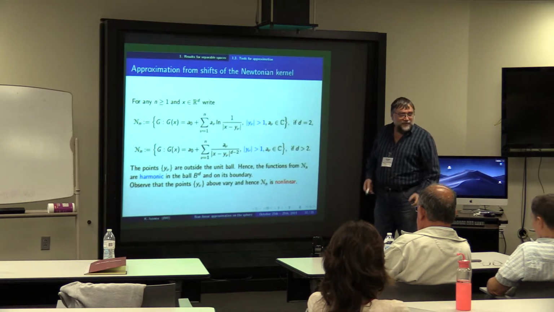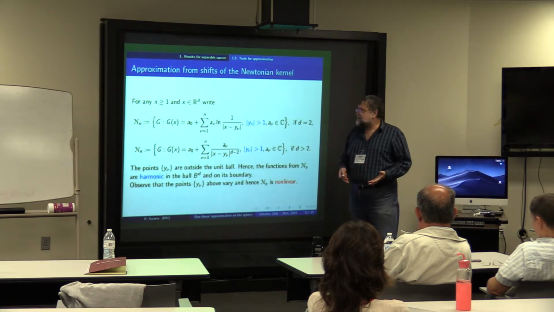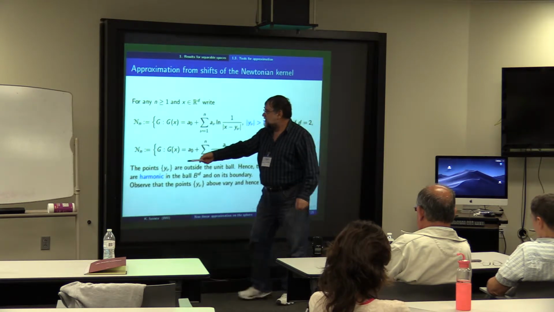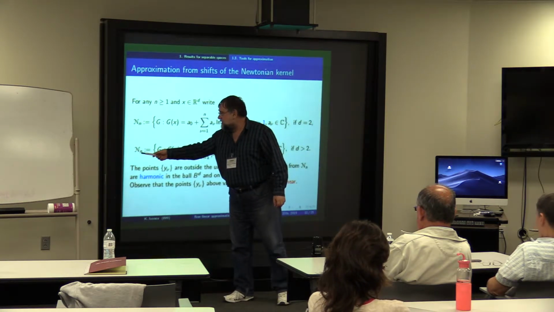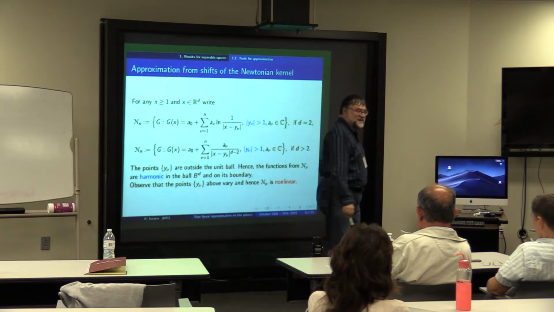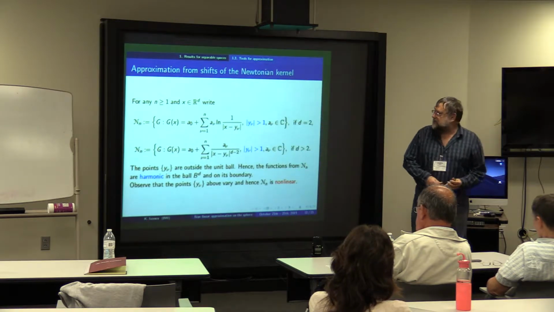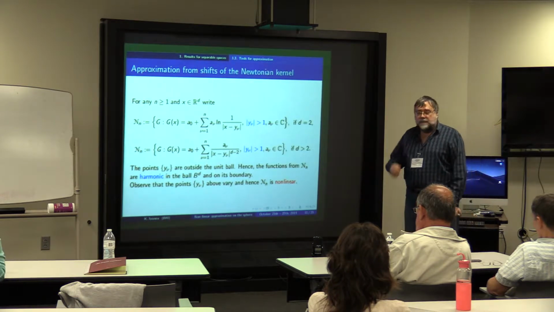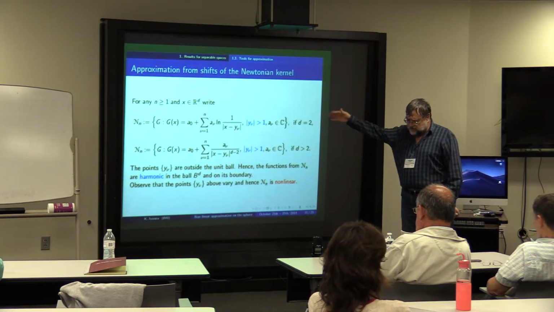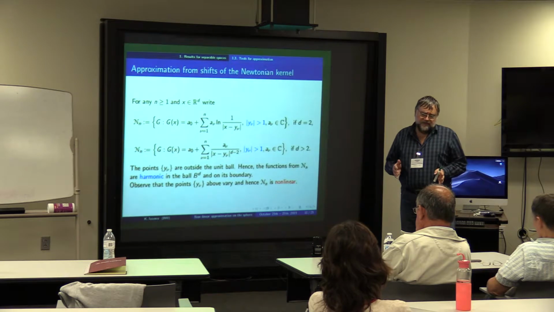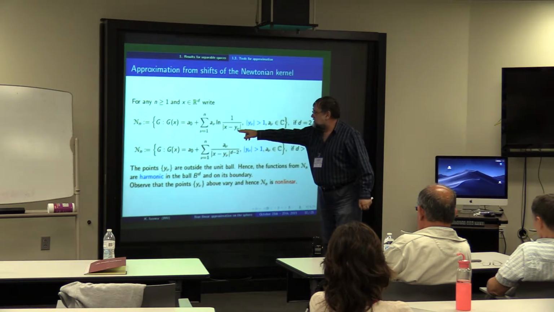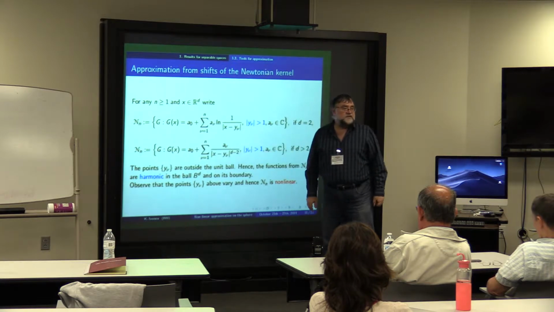When we add two functions, we get another function of the same type, but with index 2n. So this is not a linear space. Many people have approximated with such kinds of functions with one very big restriction: they always took these points, the poles, to be fixed.